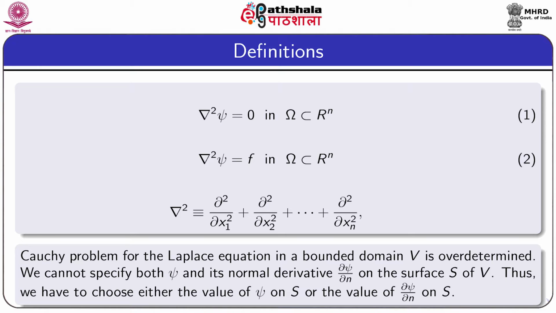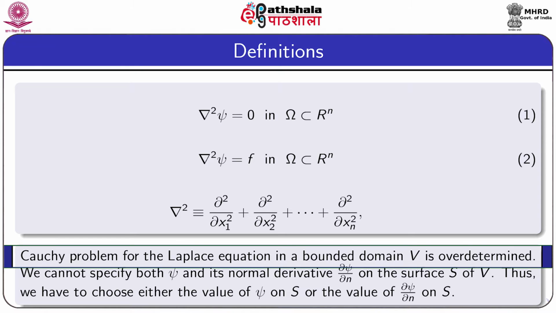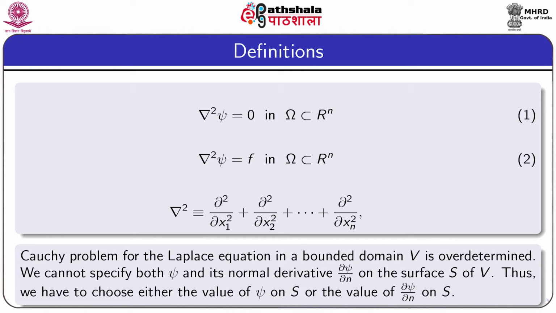It is to be noted that Cauchy problem for the Laplace equation is not well defined, because the Cauchy problem for Laplace equation in a bounded domain V is overdetermined.